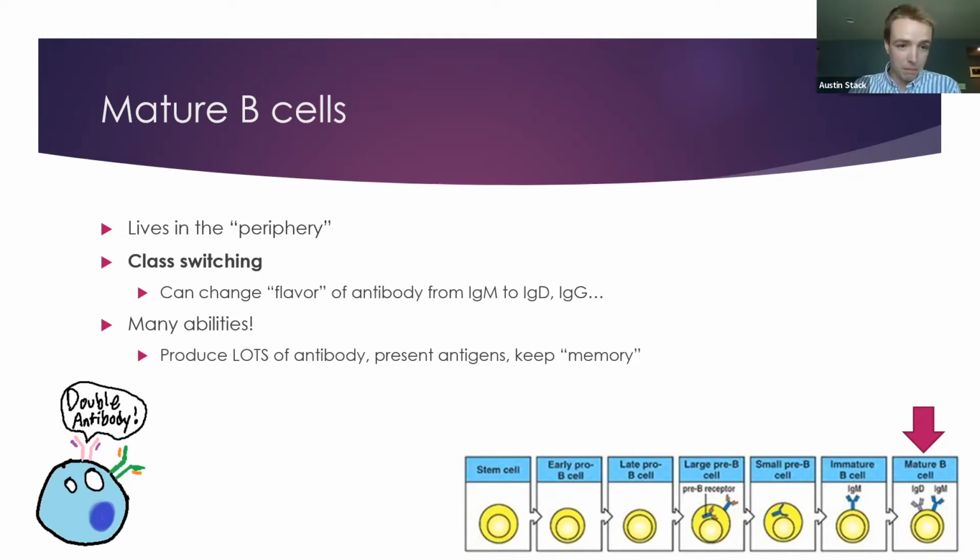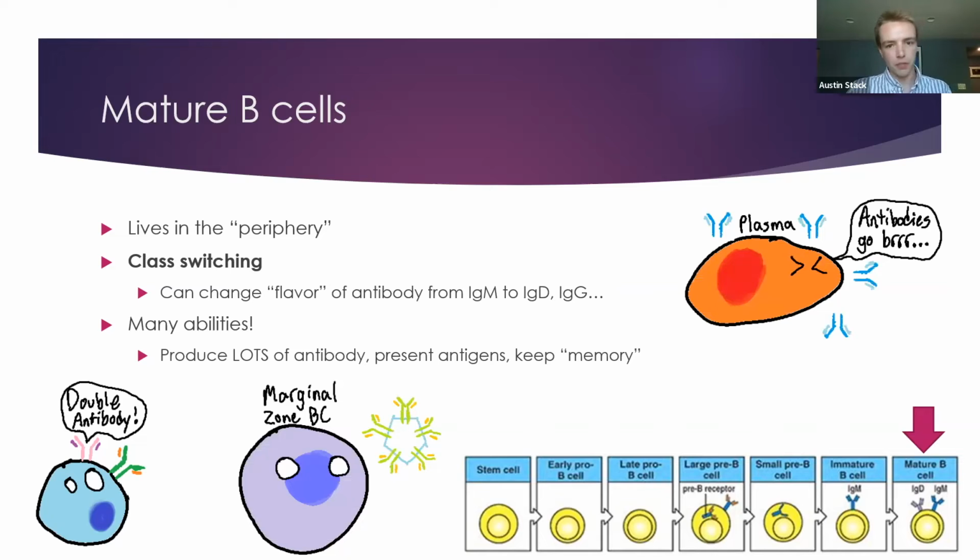So there are many abilities of B cells. As usual, they produce lots of antibody, excuse me. They're also able to present antigens. They're professional antigen presenters, and that just means they're able to show those pictures, like in vaccinations, to other cells and activate them. And they're also able to keep memory. And we'll see what that means.